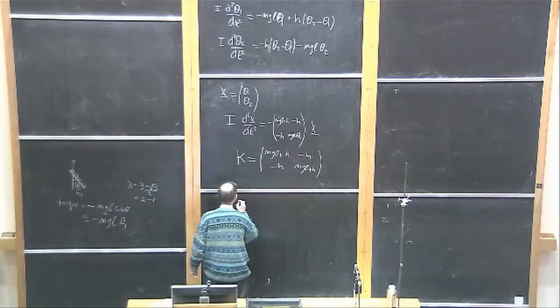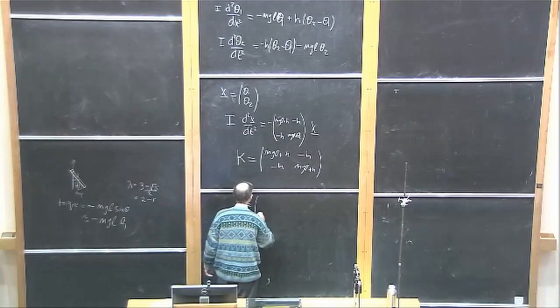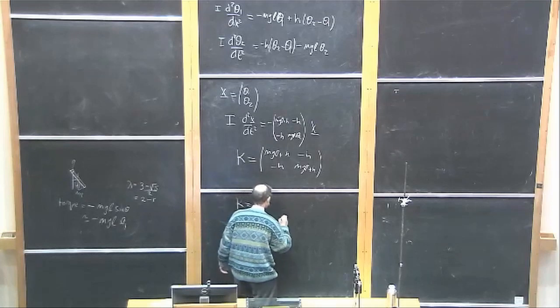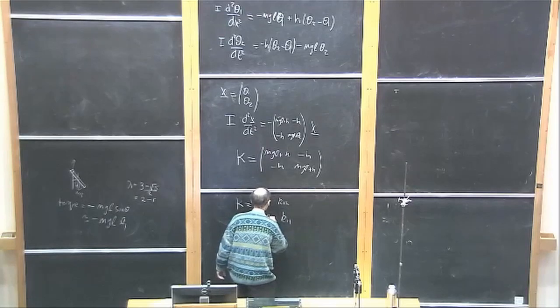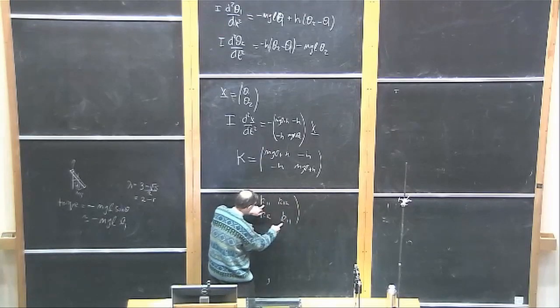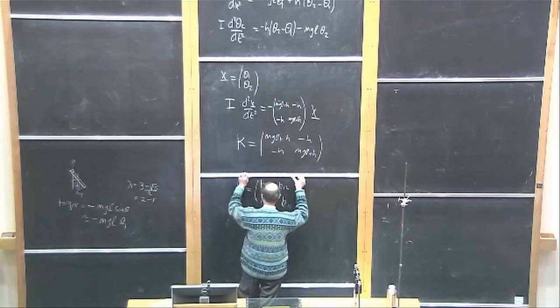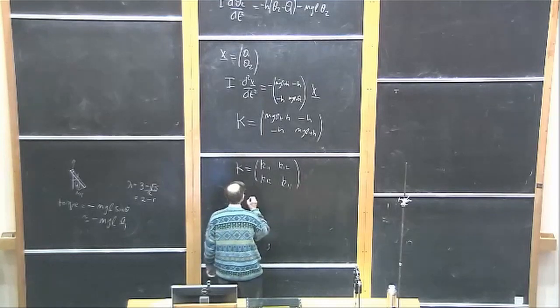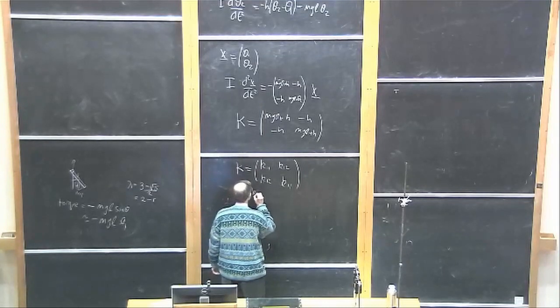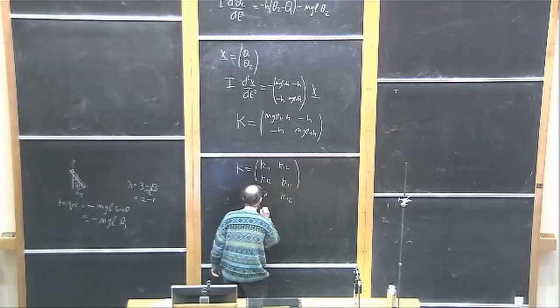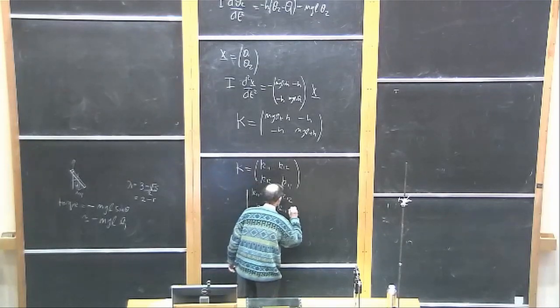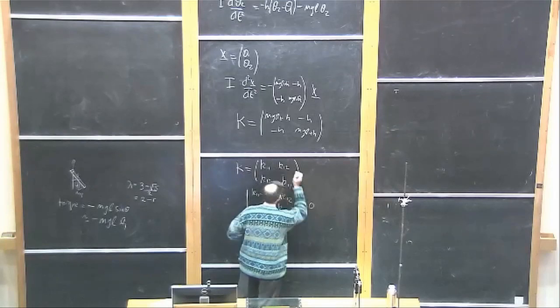So whenever you've got a K matrix of the form K11, K12, K12, K11, that is to say these two are the same and those two are the same, then the eigenvalue equation is K11 minus lambda, K12, K12, K11 minus lambda is 0.